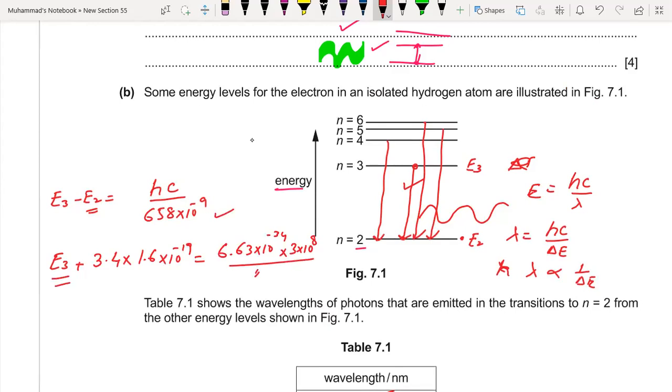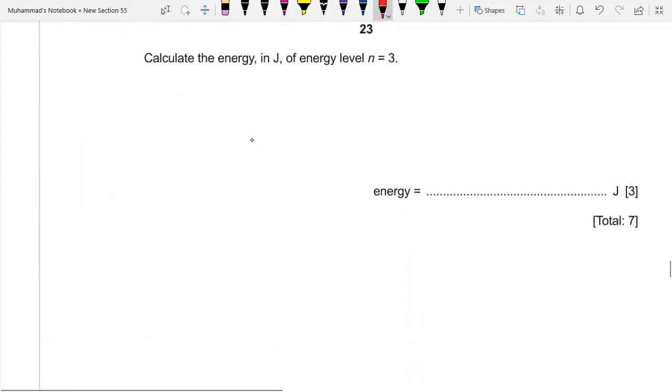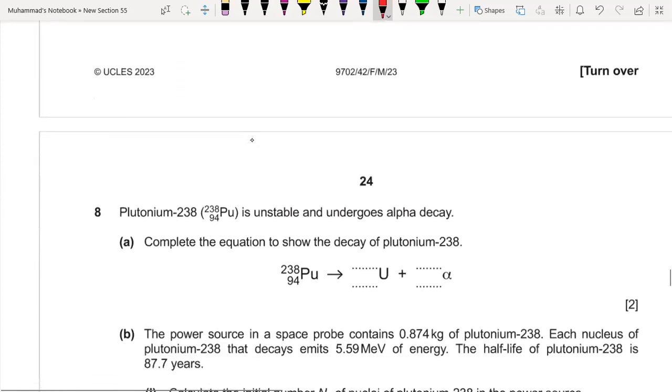From here you will get E3 as 2.42 times 10 to the power minus 19 joule, negative. Okay.